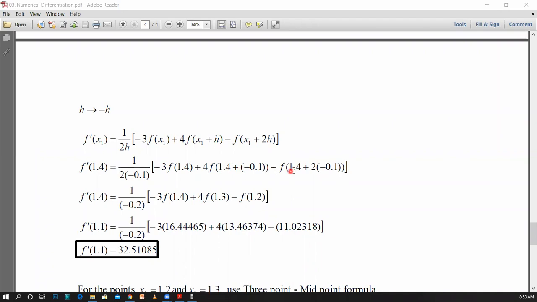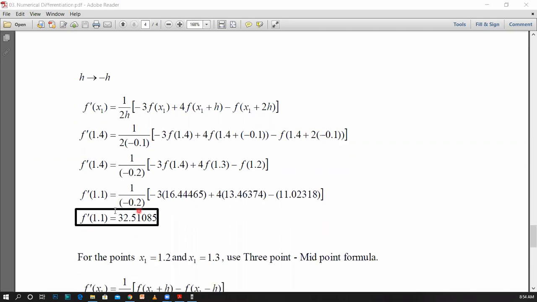Then here it is 1.4 plus 2 times minus 0.1. Therefore, I am getting the substitution in this way. It is minus 3 times f(1.4) plus 4 times f(1.3) minus f(1.2). Therefore, f'(1.4) is now 1 divided by 0.2.